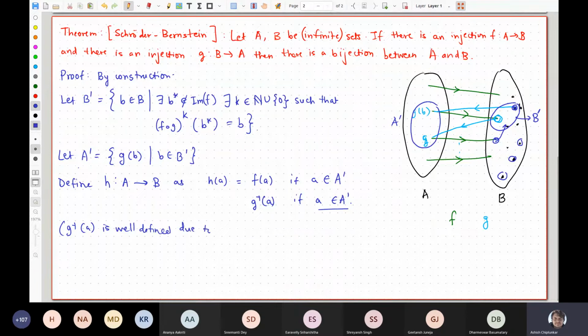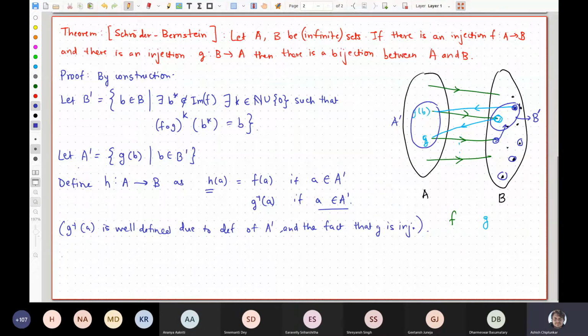So note that G inverse of A is well defined due to the definition of A prime and the fact that G is injective. So therefore this is a well-defined function. This is a function in the first place. Now what is our job? Our job is to prove that H actually is a bijection.